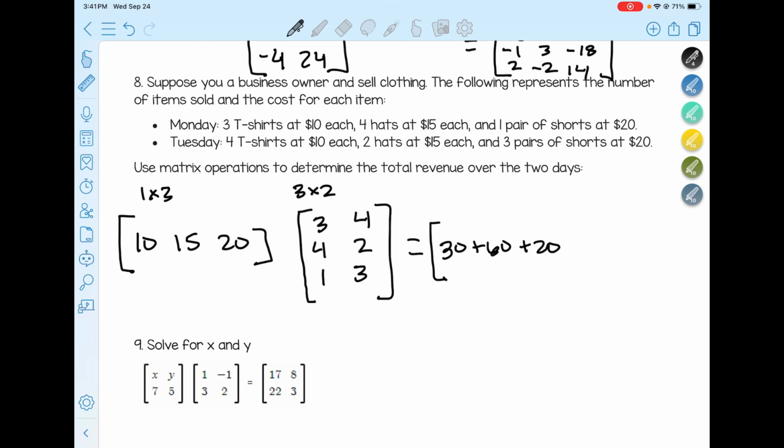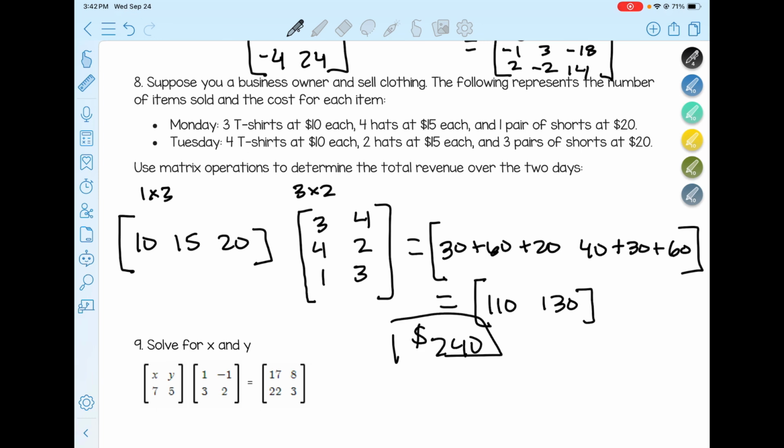Then for my next one, I'm going to go 10 times 4, which is 40, 15 times 2, which is 30, and 20 times 3, which is 60. To go ahead and simplify this, I'm going to combine, and I get 110 and then 130, which means if we wanted to determine the total revenue over both days, we could actually just add those together, and we could write this as $240.